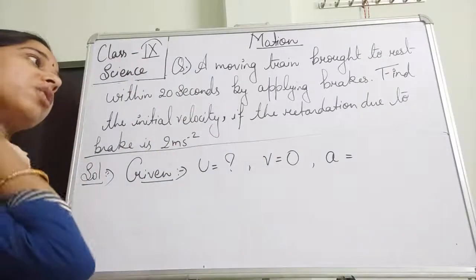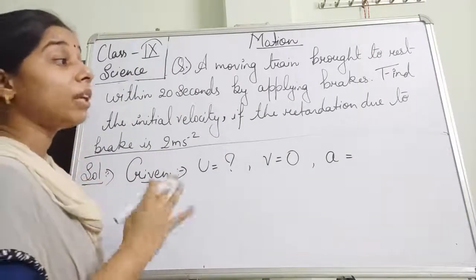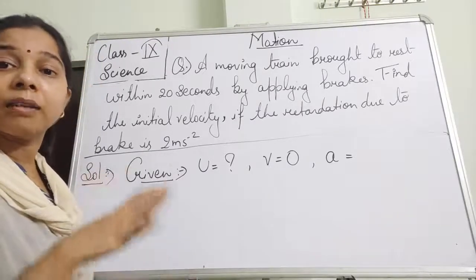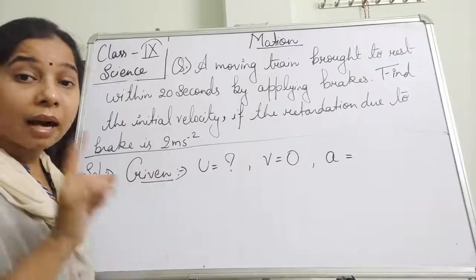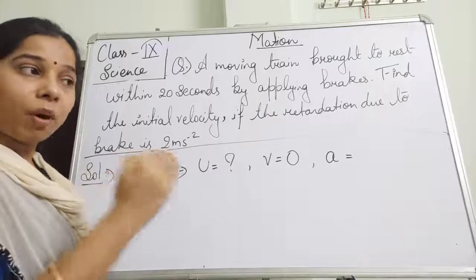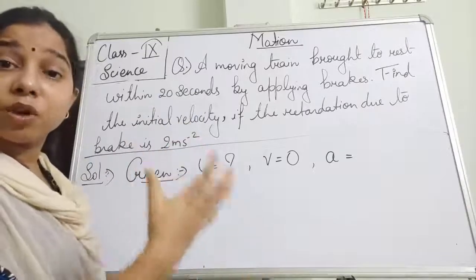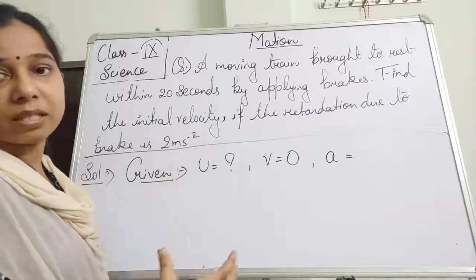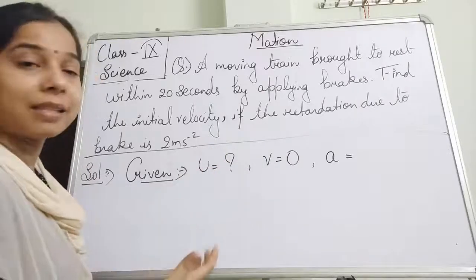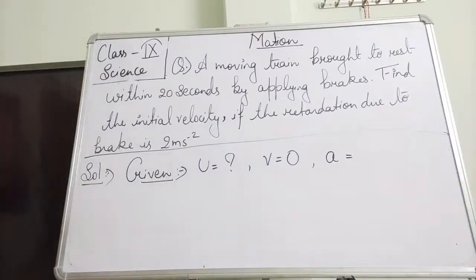Even if it is not given that it is a retardation, if it is simply written that the body stops, remember that at that time the velocity becomes 0, and then the acceleration will be the negative acceleration.